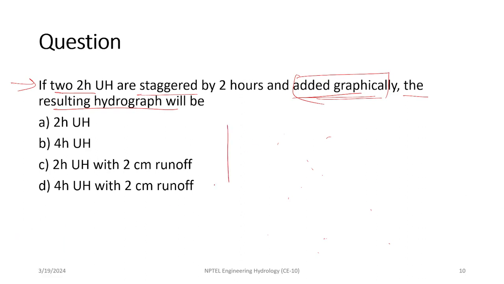So what I was just mentioning is that I'm having this hydrograph, then I'm lagging it again by 2 hours. Now as I was asked to add this graphically, I'm adding it graphically now. So this will be the graph now. Okay, so if I'm saying that this is UH1, then this is UH2, and this is 0, then this is 2 hours, then again this will be 4 hours.